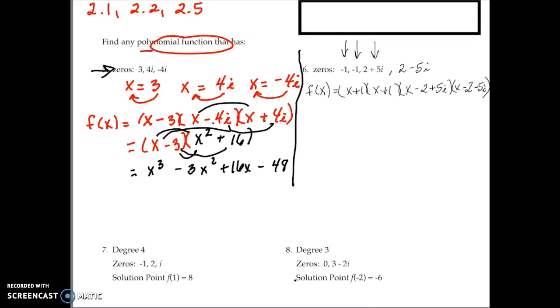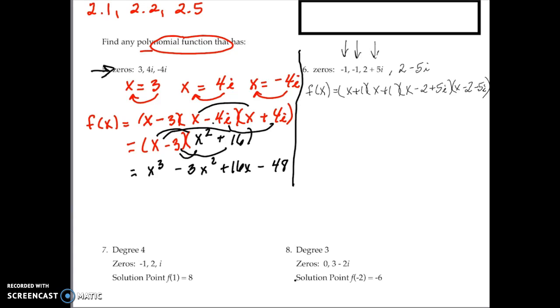The minus ones give us factors of x plus 1 times x plus 1. And then the zero of 2 plus 5i gives us x minus 2 plus 5i. And then the zero of 2 minus 5i gives us the factor of x minus 2 minus 5i.